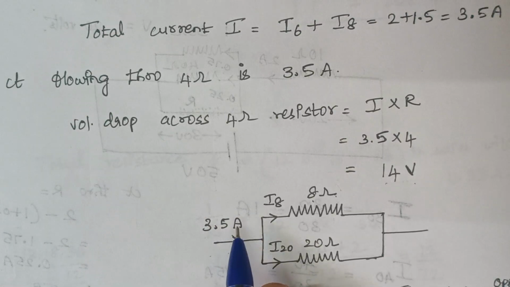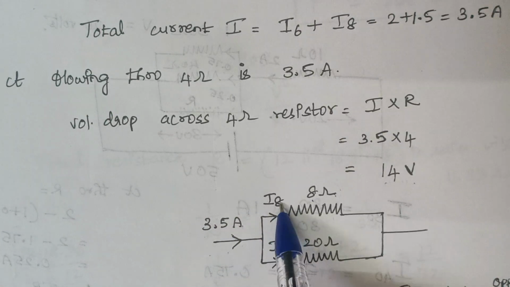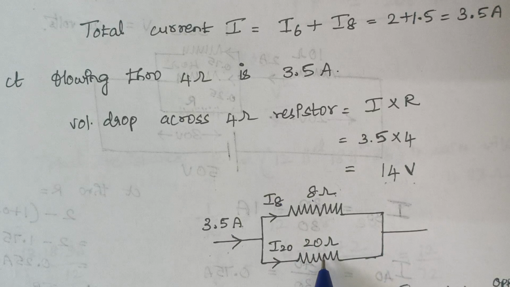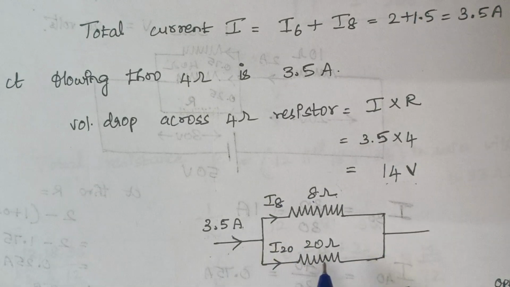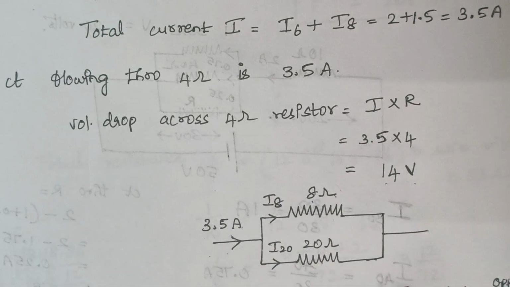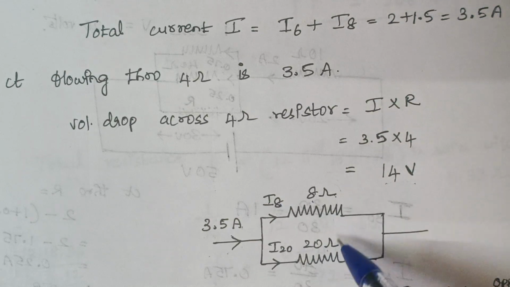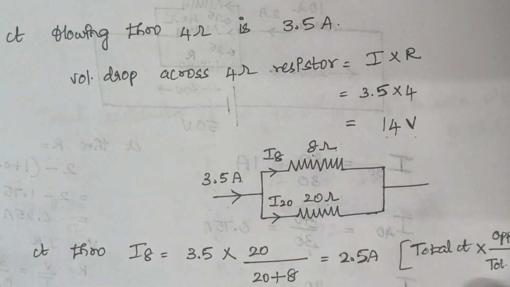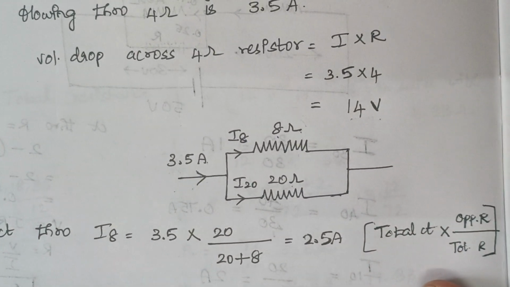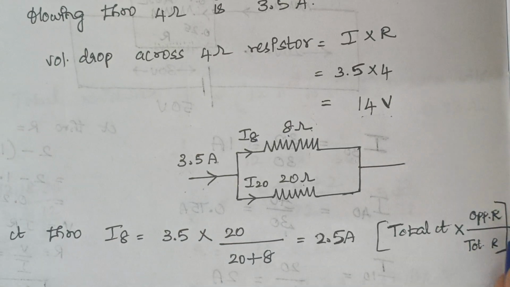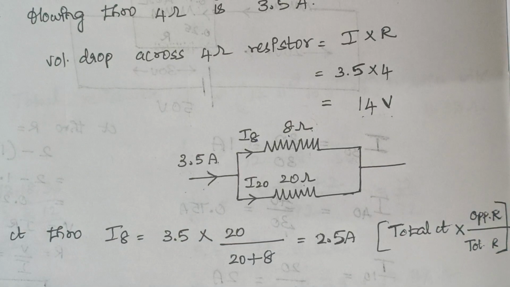Total current into, if you need I8, you need to take the opposite resistance. So total current into opposite resistance divided by, you have to add these two resistances, 20 plus 8. This is the basic formula: total current into opposite resistance divided by total resistance.